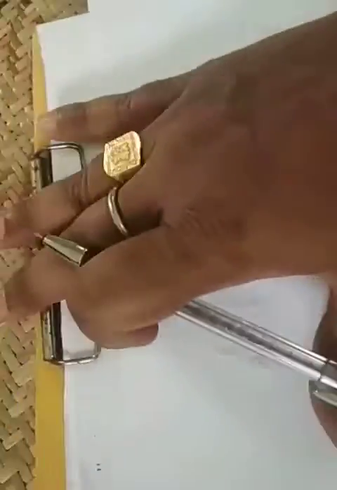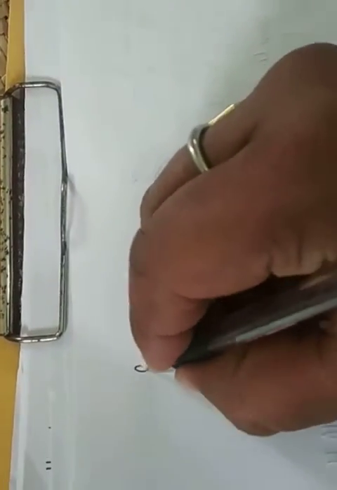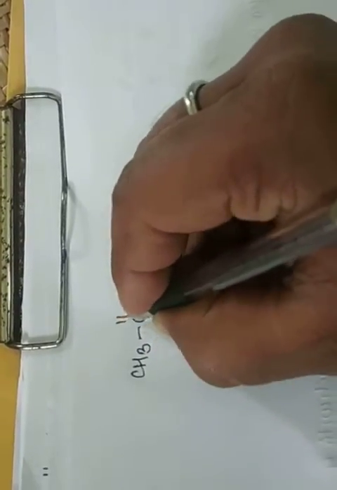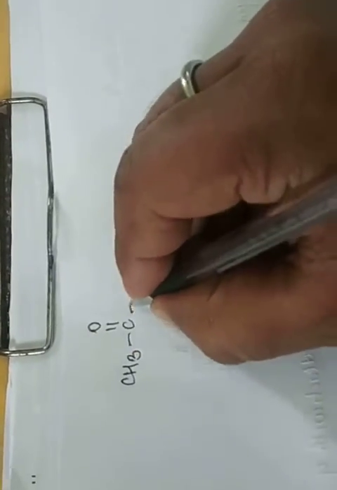Now how do we check that a compound shows keto-enol isomerism? You know the formula: CH3, C double bond O, and CH3. Clear?